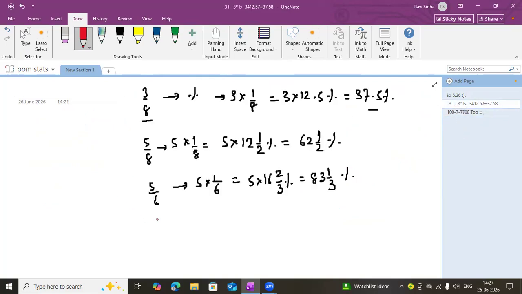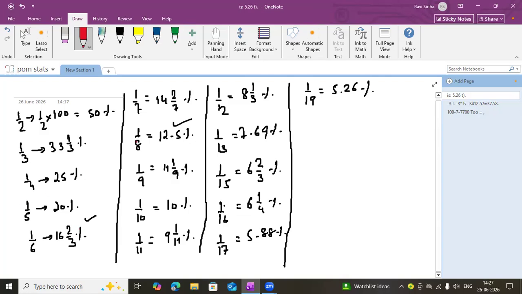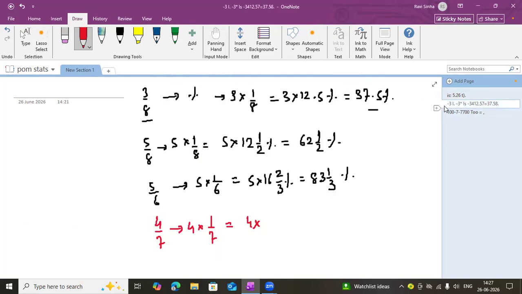Let us move on to this page. Now let us convert 4 by 7 into percentage. This can be written as 4 into 1 by 7%. 4 into 1 by 7, where 1 by 7 is 14 2 by 7%.